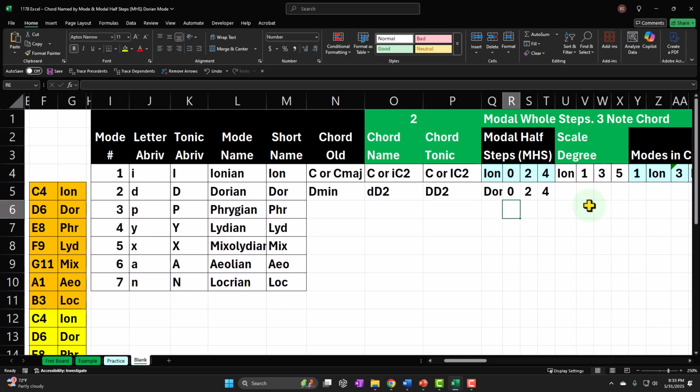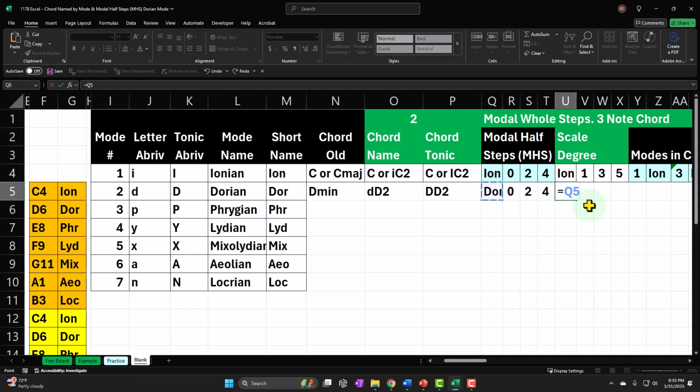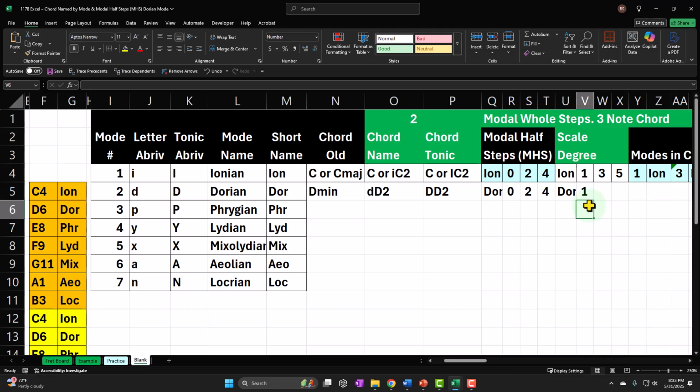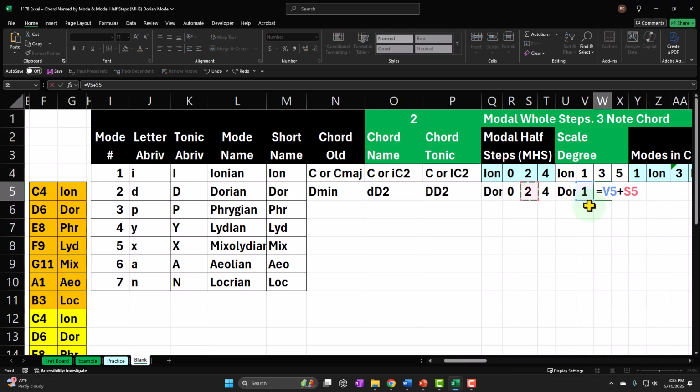That would be the right way to do it if we weren't measuring weird with scale degrees, but we are measuring weird oftentimes with scale degrees if we're trying to convert it to what we currently think about, which means we're going to start on the relative position if it was a scale degree, which would be 1, and then we're going to say 1 plus 2 and 1 plus 4.